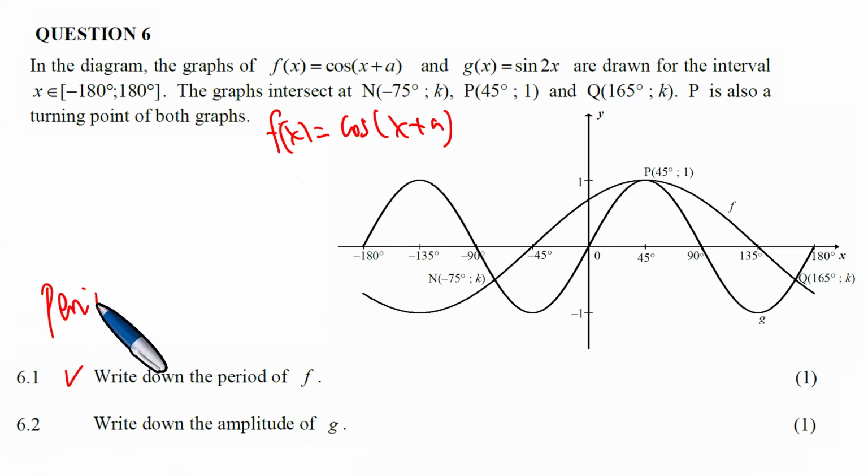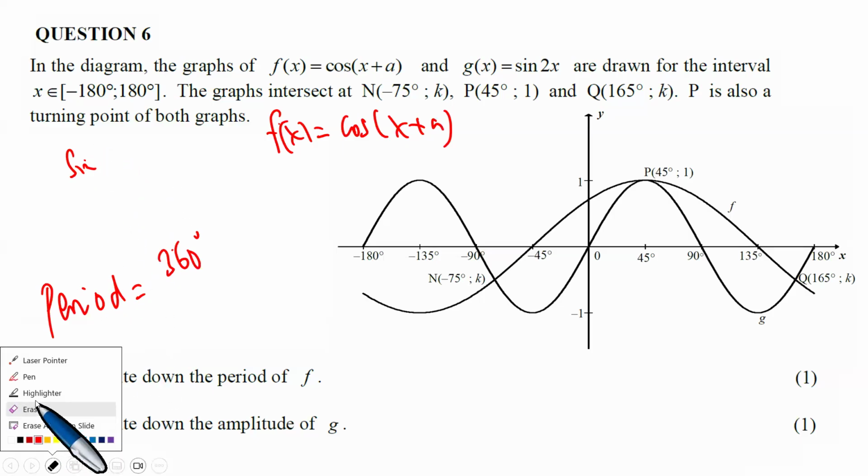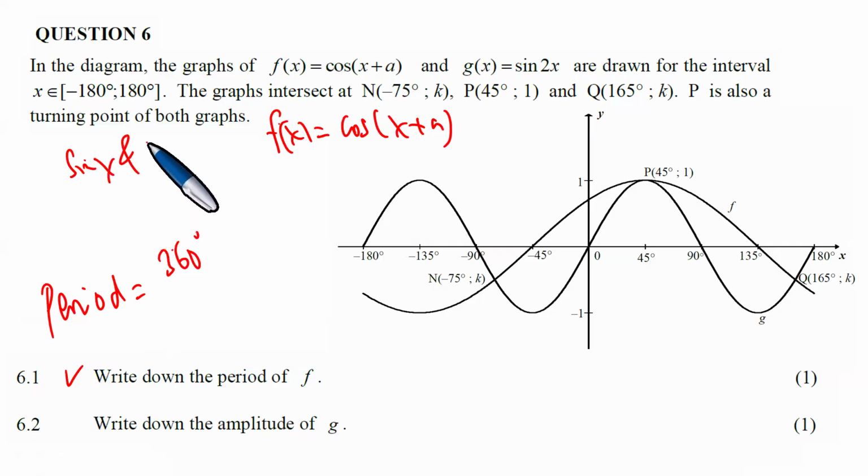For the period, you need to say 360 for sine and cosine. For sine x and cosine x, it's 360 degrees divided by the coefficient of the x, which is 1.